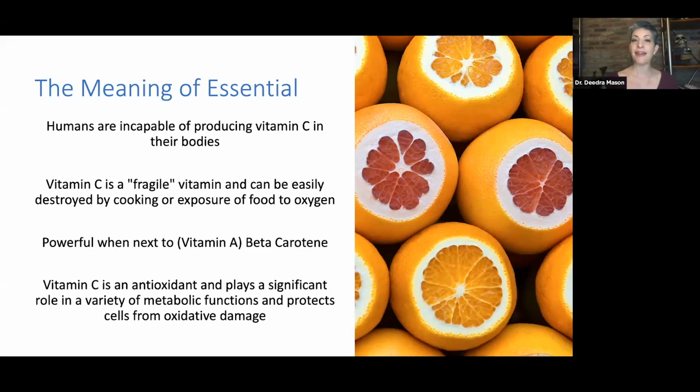If your body can't make it, you need to take it. And vitamin C, as powerful as it is, is very fragile to heat as well as to oxidative stress, which means it's looking to hand off its electrons to more powerful free radical scavengers right away.